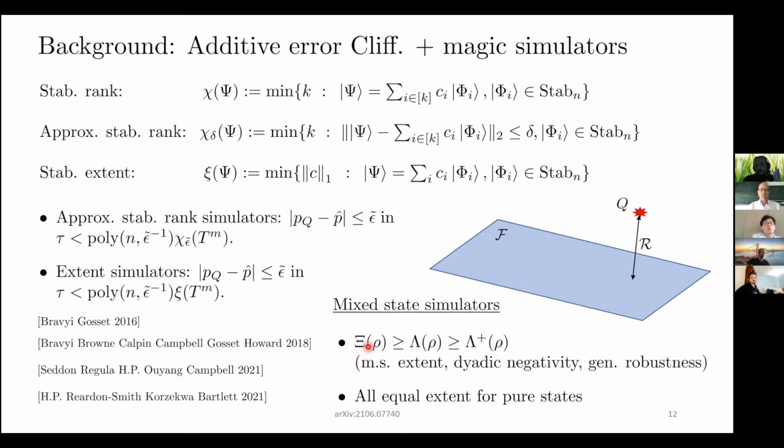Interestingly, all of these are equal to each other and to the extent in the case that these are pure states. So the extent is only defined on pure states, but these all equal exactly the extent for pure states. And so you can think of these as 3 different generalizations of the stabilizer extent into the mixed state picture.